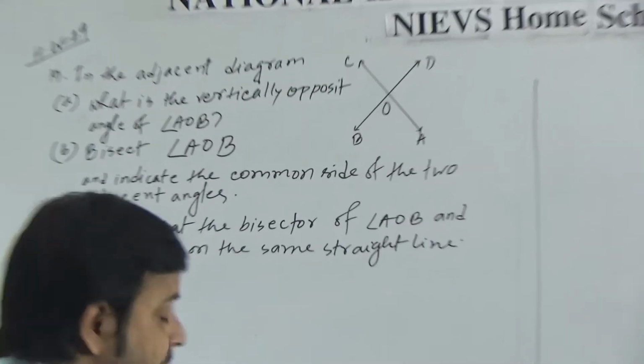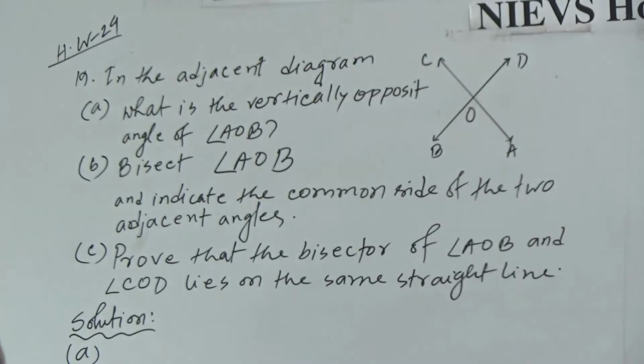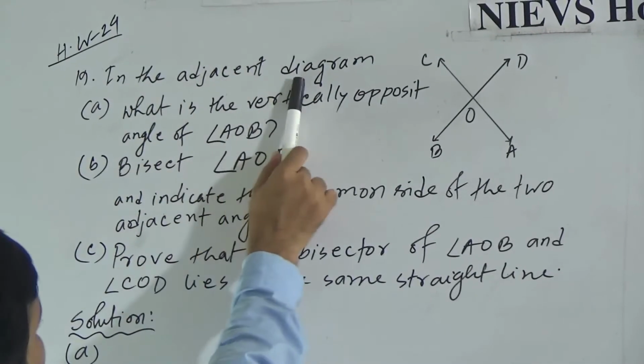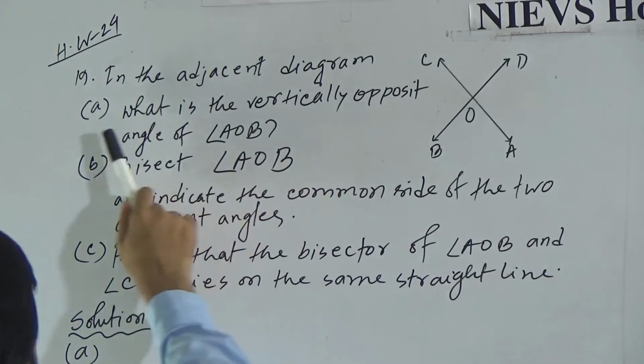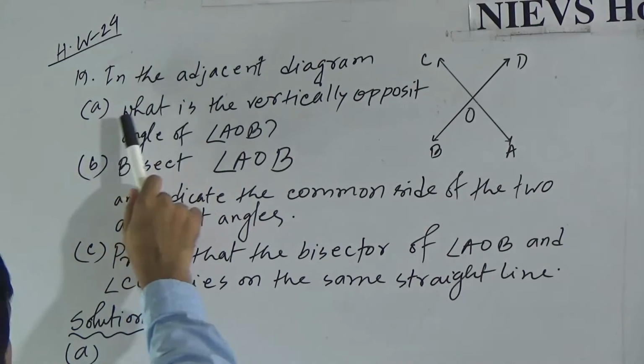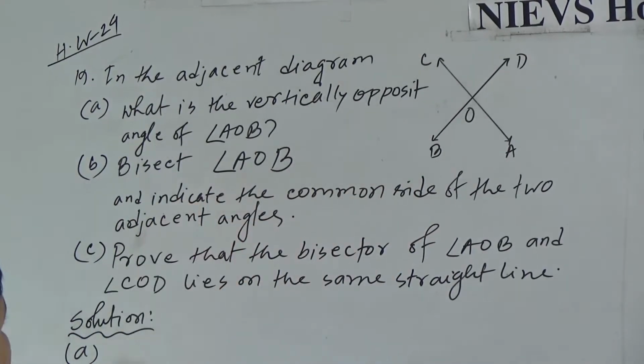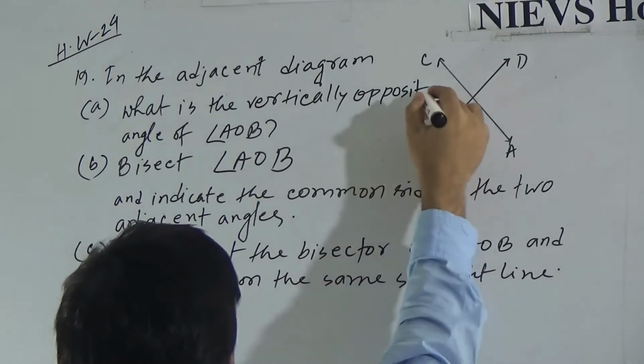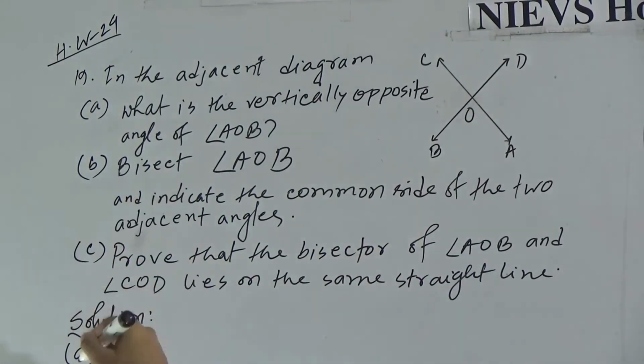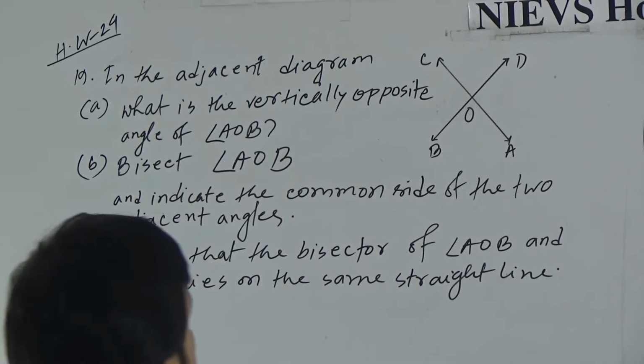Let us see the question first. What is our first question? Our question is in the adjacent diagram. Question A, what is the vertically opposite angle of angle AOB?